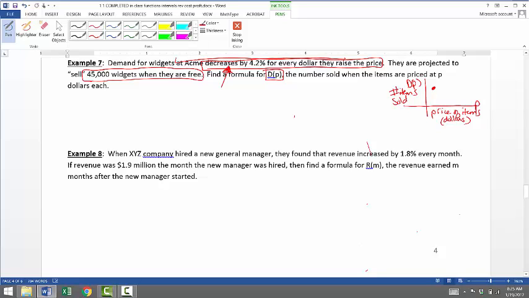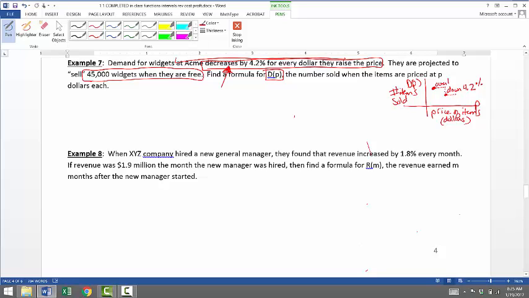They're saying if you go over $1 on the price, so over 1 on the input, it will go down 4.2%, not 4.2 items, 4.2%. So it would go down to here. Then again, it would repeat over 1, and from that height, go down 4.2%.